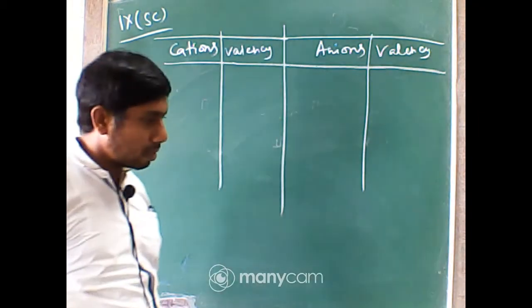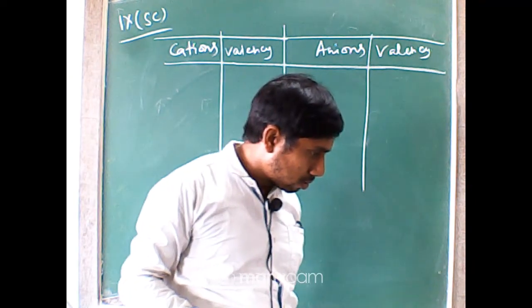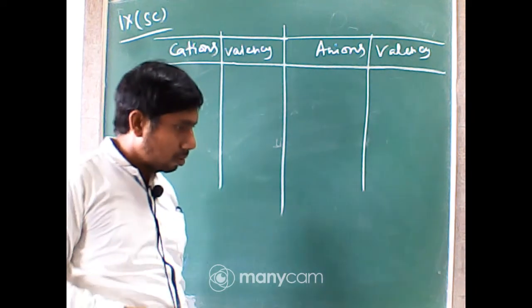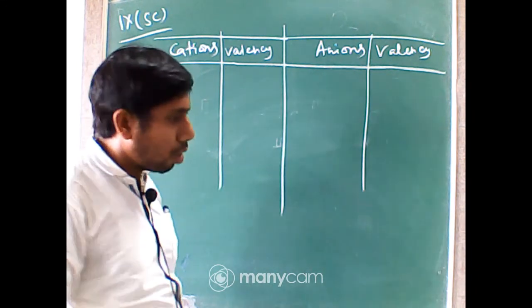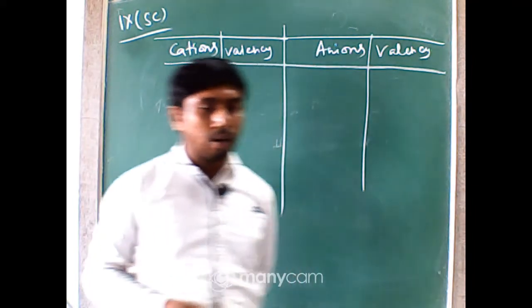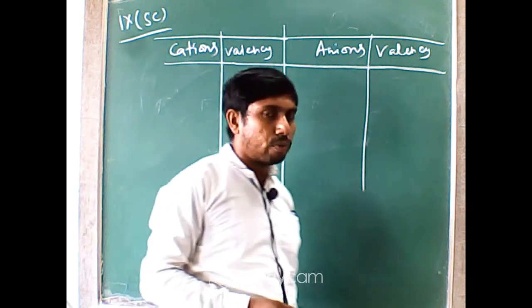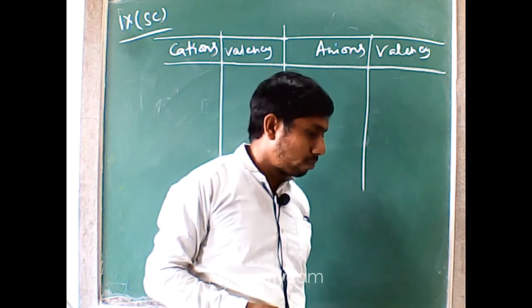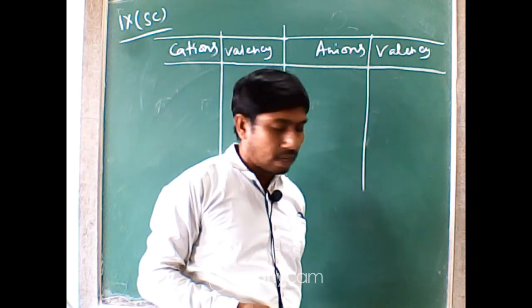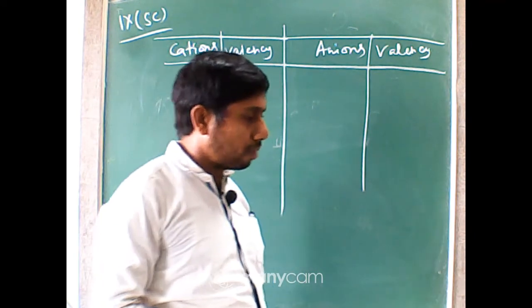In this format, the mass of any atom can be found out. Here is the process; I will discuss it later on when we come to the mole concept, when we can detect the mass of an atom.